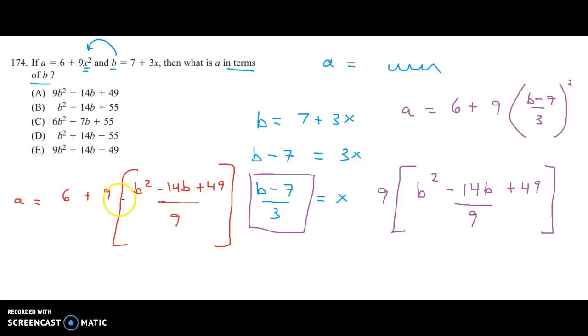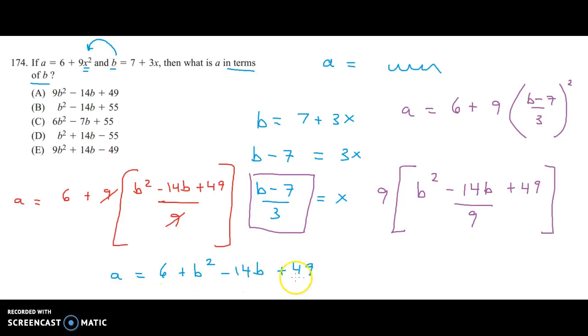Okay, almost done. So we can see here that the 9s are going to cancel off, right? If I multiply this entire thing by 9, but then I'm dividing it by 9, we can just scratch those off, and we're just left with A is equal to 6 plus everything inside here, plus B squared minus 14B plus 49.